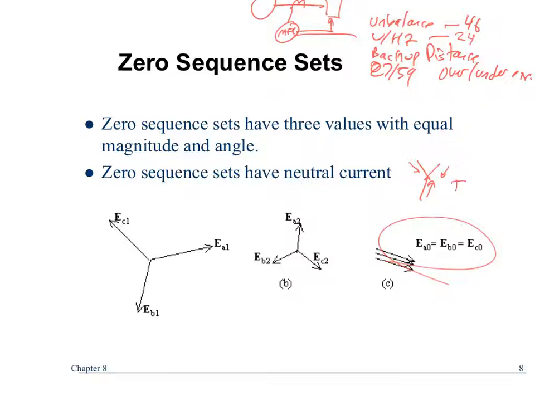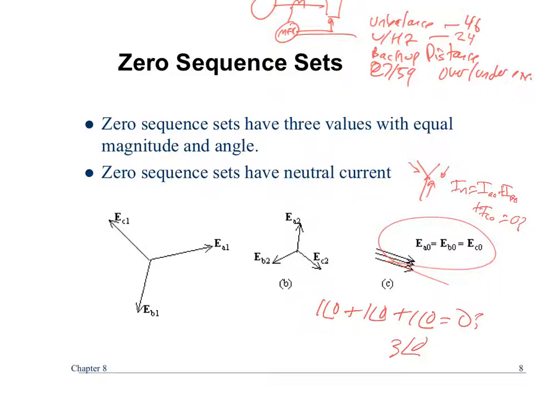So my neutral current is IA0 plus IB0 plus IC0. Does that equal 0? If they're the same magnitude and angle, 1 at an angle of 0 plus 1 at an angle of 0 plus 1 at an angle of 0. Does that equal 0? To me, that equals 3.